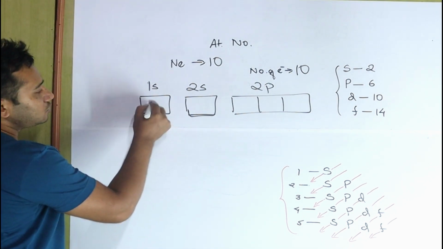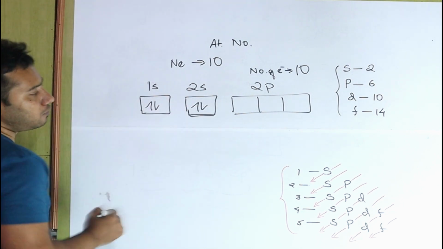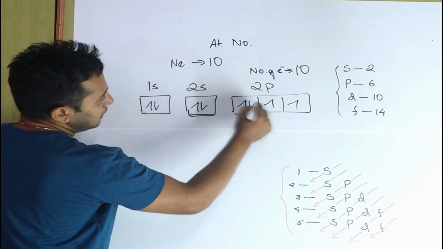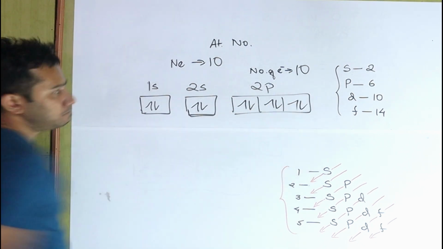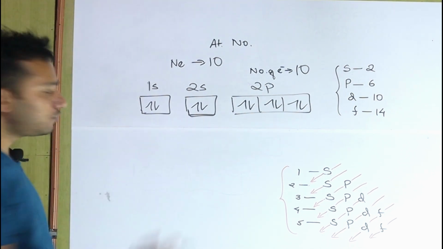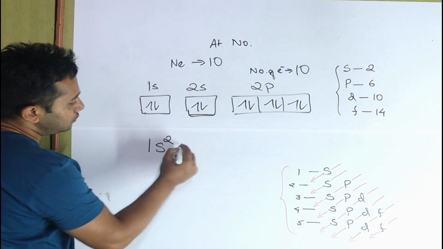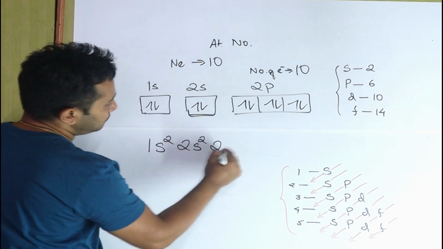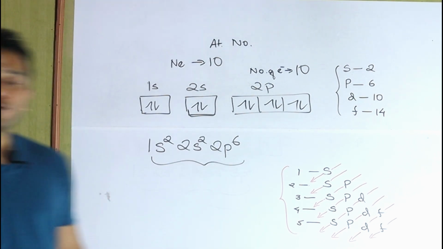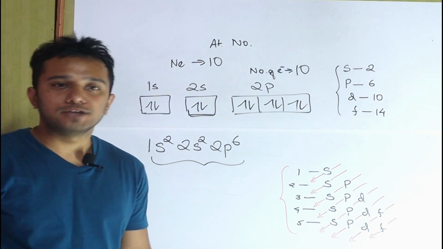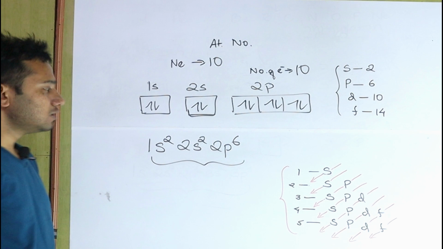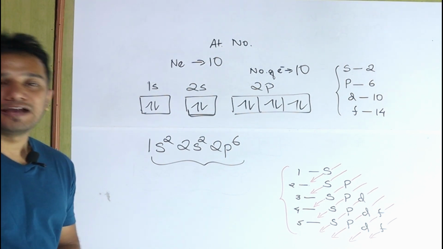So let's start again. 10 electrons. 1, 2, 3, 4, 5, 6, 7, 8, 9, 10. So if I write the electronic configuration, I will have 1s2, 2s2, 2p6. So this will be the electronic configuration of neon: 1s2, 2s2, 2p6. So let's go for atomic number 11.